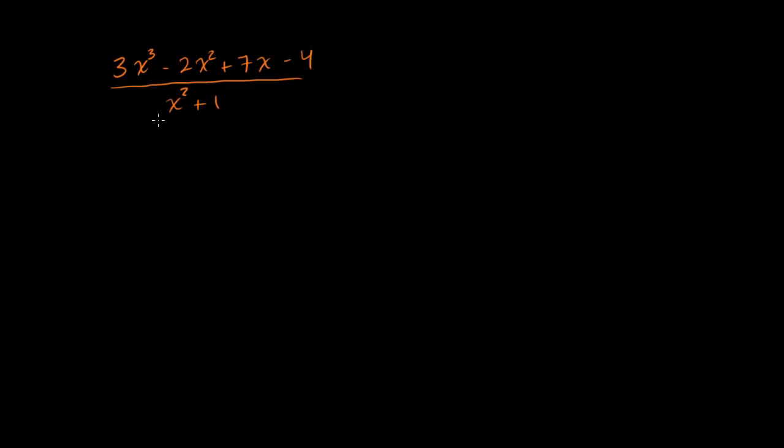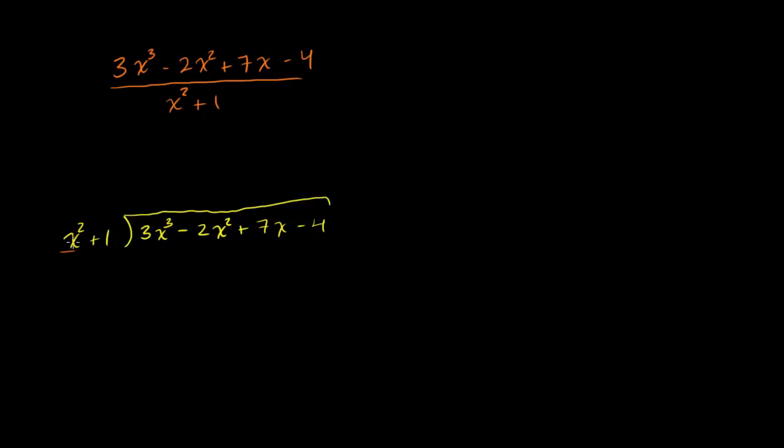But we can just do the algebraic long division to figure out what this is going to be, or what it'll be if we simplify it. X squared plus 1 divided into 3x to the third minus 2x squared plus 7x minus 4. Once again, look at the highest degree term. X squared goes into 3x to the third how many times? Well, it's going to go into it 3x times, right?